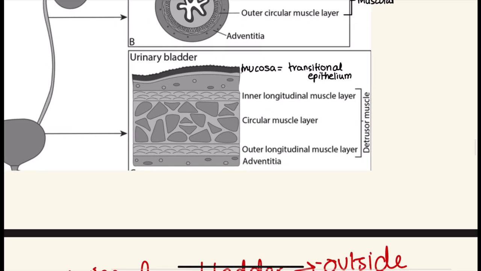Over here, the muscular layer, first of all, has a name. It's called the detrusor layer in the urinary bladder, and it's composed of the inner longitudinal muscle and then the central circular muscle layer, and then I have the outer longitudinal layer. And the last thing I have in both of them is going to be my adventitia.